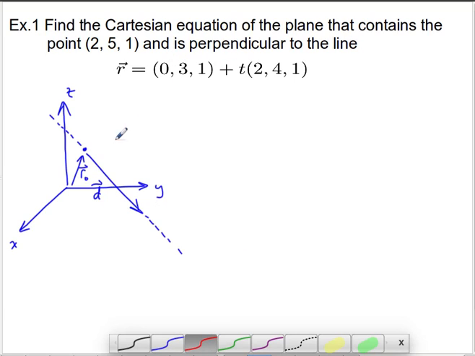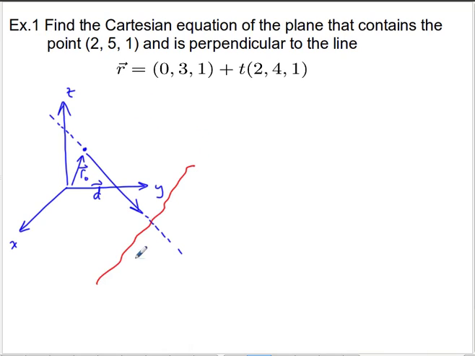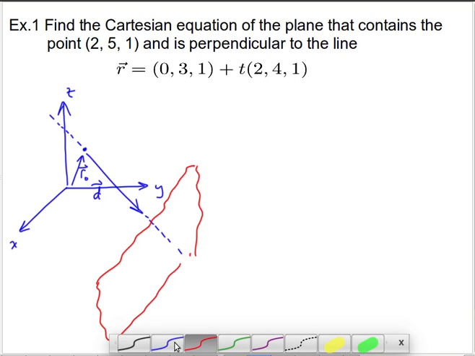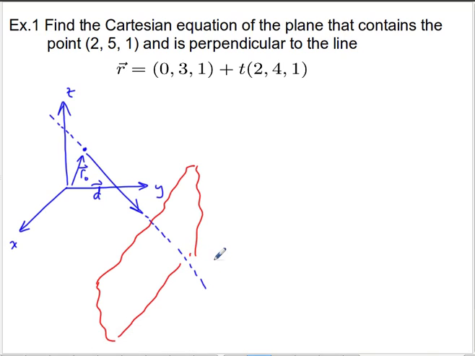Now we want actually a plane that is perpendicular to that line. This is where it gets difficult to imagine things. So now we've got a plane, and I'm just going to draw it so that that line goes through the middle of the plane, or through the body of the plane.